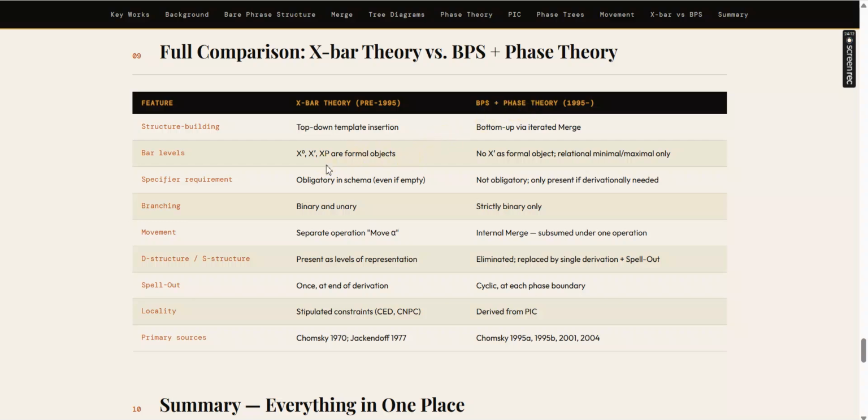Then bar levels: X, that is head, then X-bar, then XP. No X-bar as a formal object, just minimal and maximal only in BPS. Specifier is obligatory in X-bar, but in BPS it is not obligatory. Branching: binary and unary, versus strictly binary only.